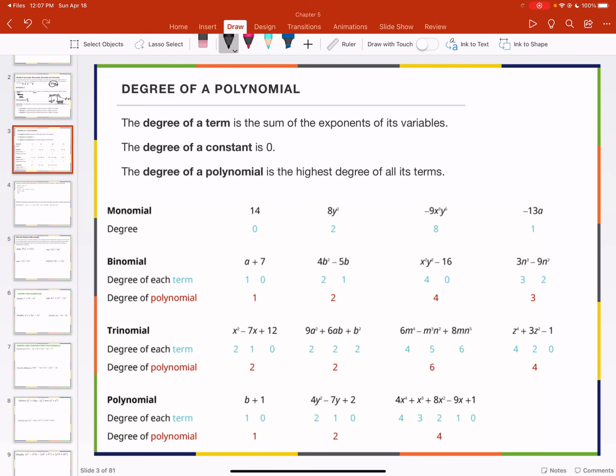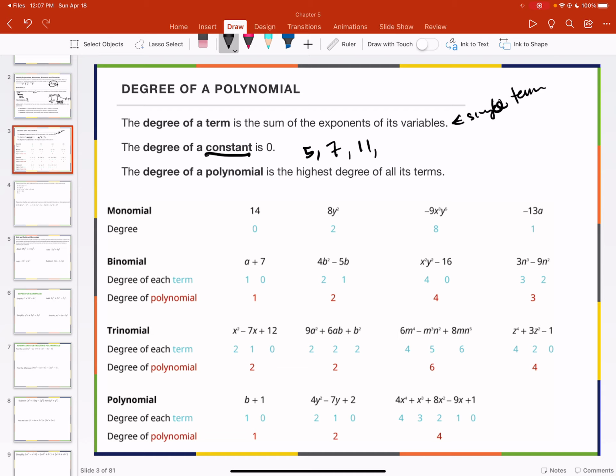Now that we've defined those terms, let's talk about degree. The degree of a term is the sum of the exponents of its variables. So for a single term, a constant, remember, is just numbers like 5, 7, whatever. The degree of that is 0 because there's no variable.